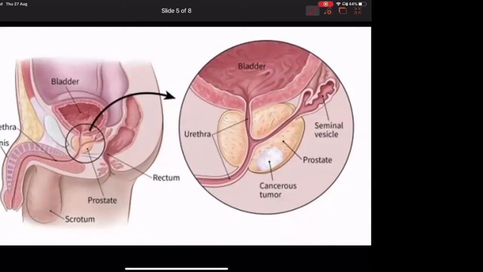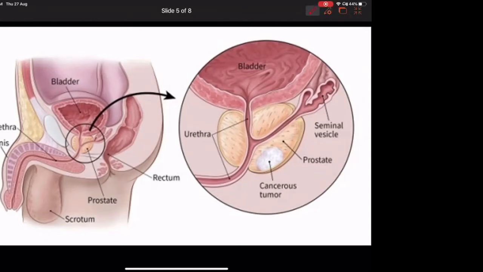So let's talk a bit about the lower urinary tract. The lower urinary tract is anything from the bladder all the way until the point where the urine comes out. So naturally, this is a male.